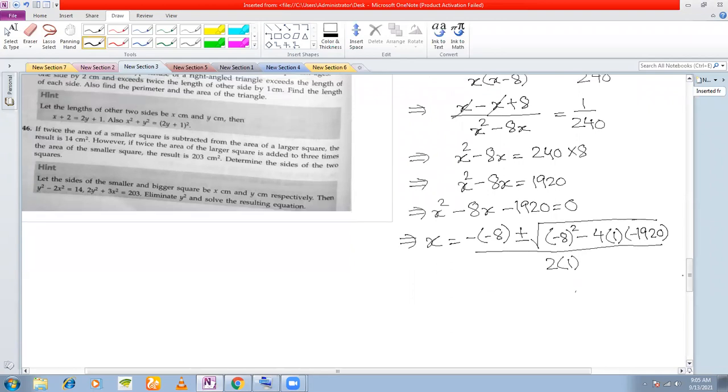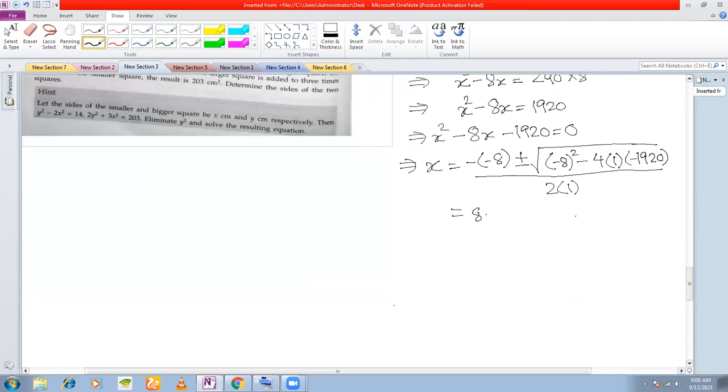Okay, so let's simplify this. So this is 8 plus or minus square root of 64. Minus minus will combine to give you a plus sign. 1920 into 4 is 7680.